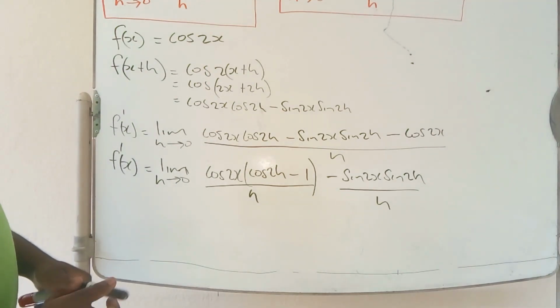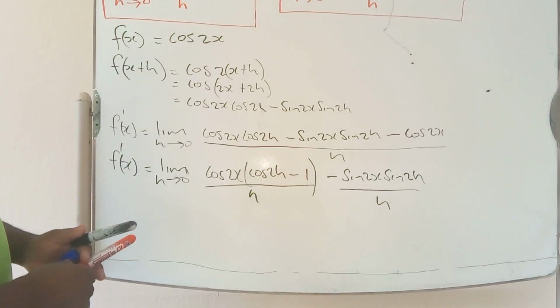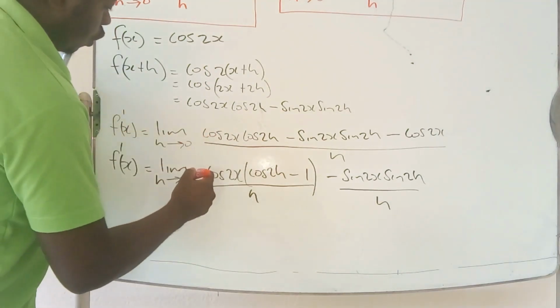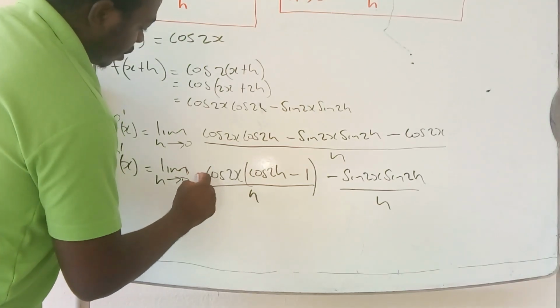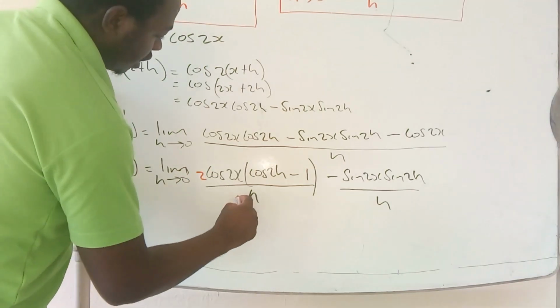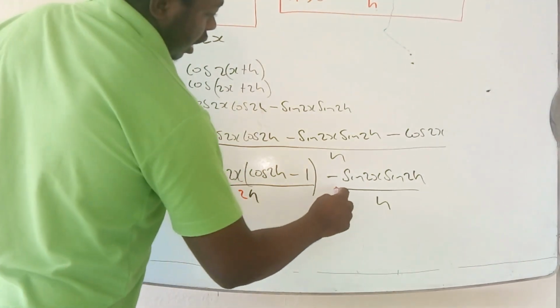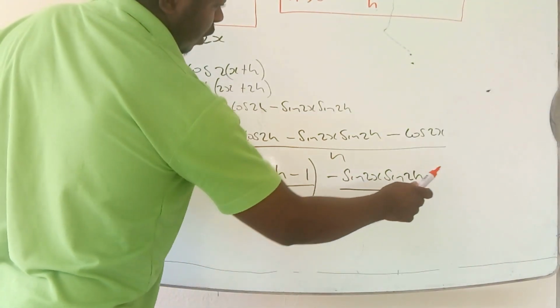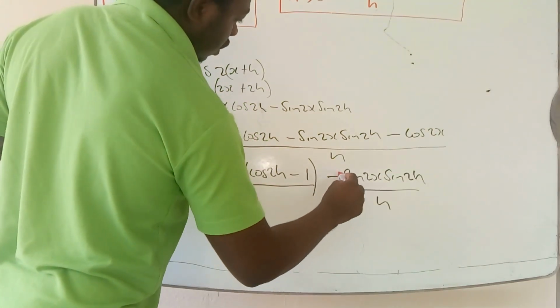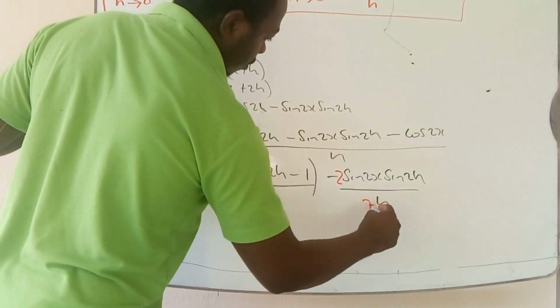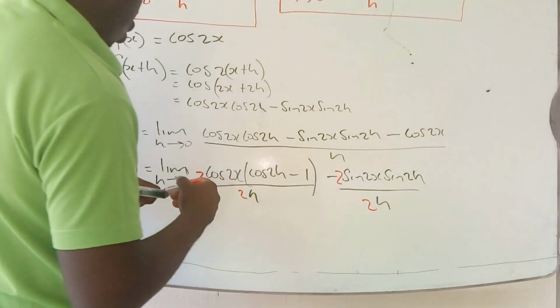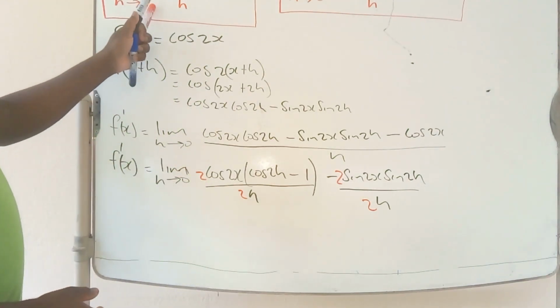So all we need to do is to multiply both numerator and denominator by 2. So if you multiply this by 2 and this by 2, you have 2h. And you do the same thing here. You multiply both top and bottom by 2. So this becomes 2, this becomes 2 there. Now we can apply this rule.